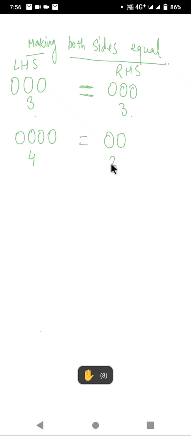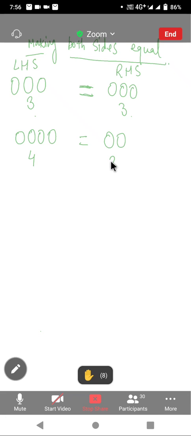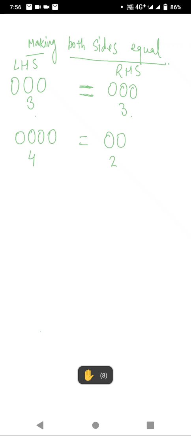So what we have to do here, we have to make both the sides equal. If we put this sign, it means we have to make 4 here also. So what do we need to add here to make both sides equal? Here we have 4, so on the right hand side also we have to make 4, but we have 2.